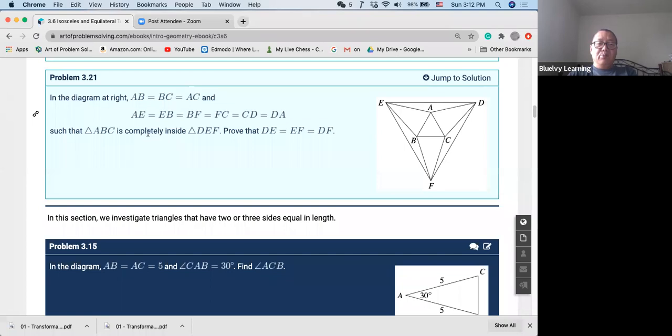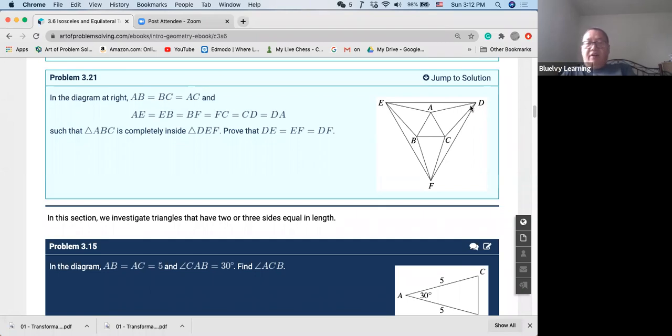Then they ask you to prove triangle DEF is an equilateral triangle. So they ask you to prove DE equals EF equals DF. How to prove this?